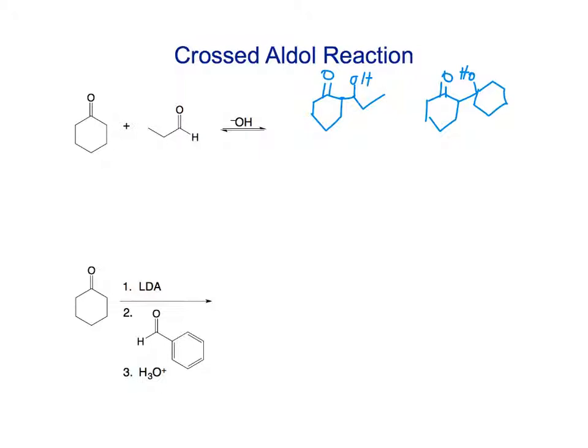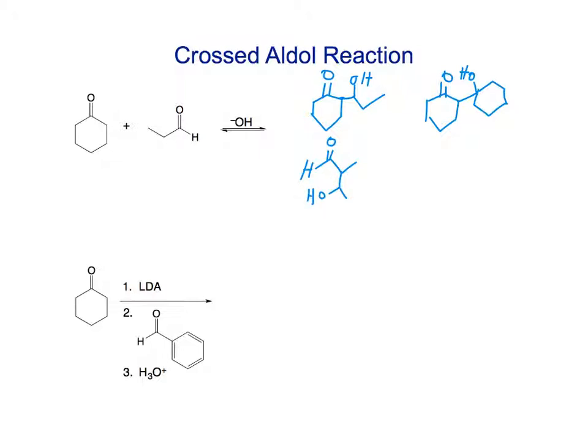The other two possibilities are if the aldehyde behaves as the enolate, right? And which alpha positions, alpha to an aldehyde or alpha to a ketone, is more acidic? Next to the aldehyde, right? So that might be easier to deprotonate. It's probably also less crowded.